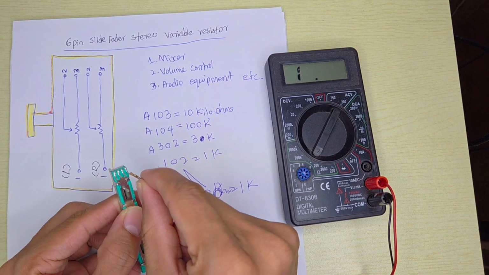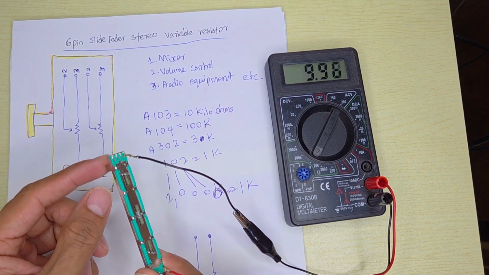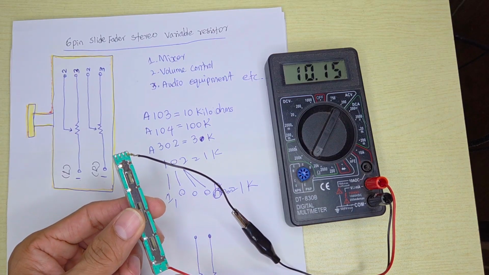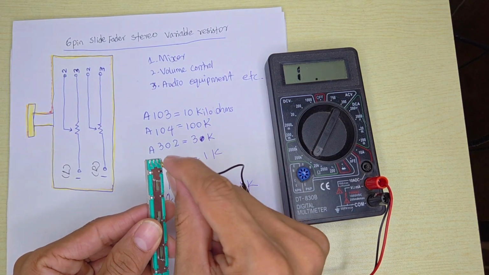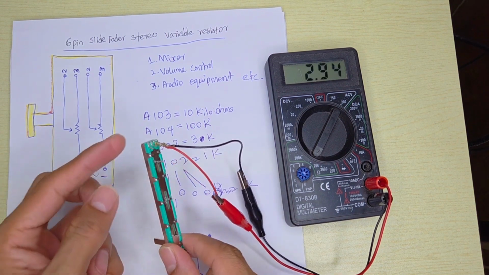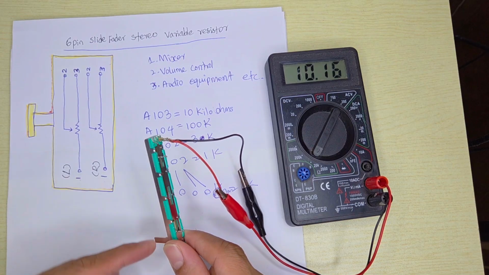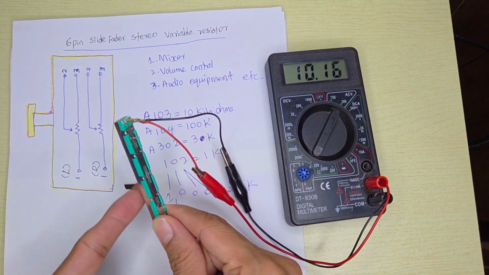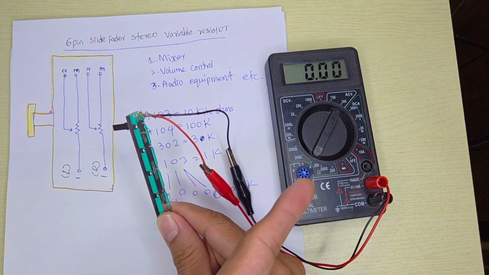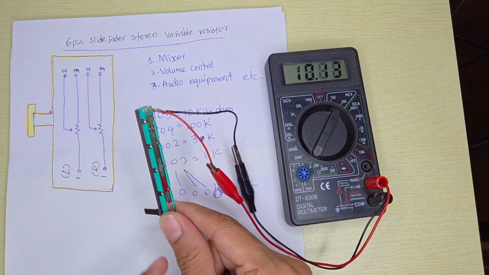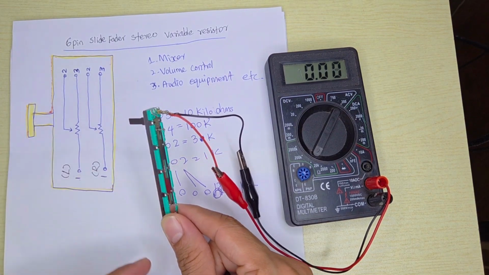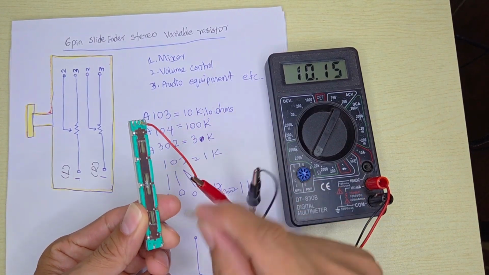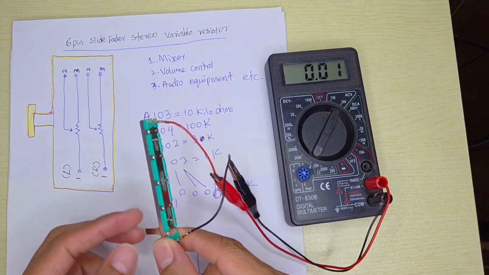If you move to pin number 3, the value will not change anymore; it will be fixed. If you use these 2 pins, the value will change, but according to the position difference: if the pointer is on this side the value is 10k, and on the other side the value is 0. It's opposite, so when this side is 10, the other side will be 0.